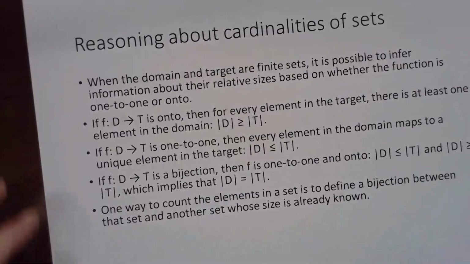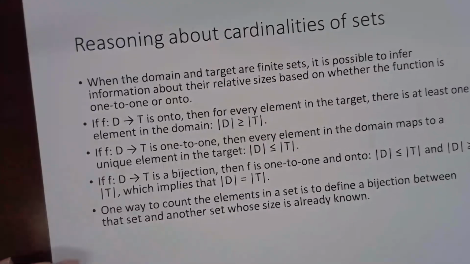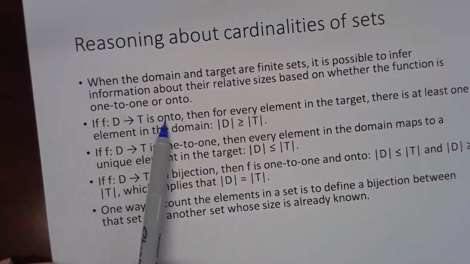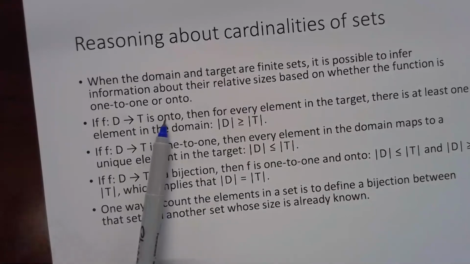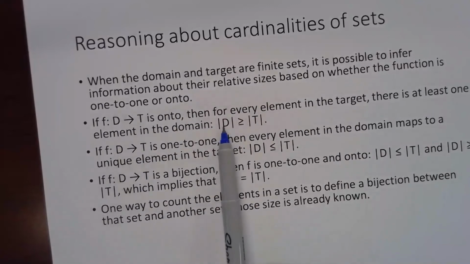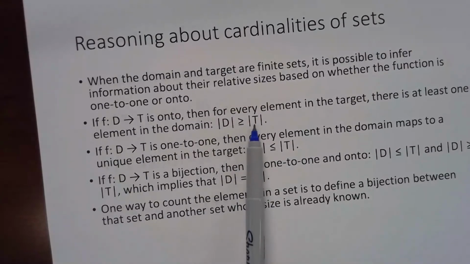We'll see. So if we have a function from the domain to a target, and it's onto, and that's all we know about it, then the cardinality of the domain has to be greater than or equal to the cardinality of the target.